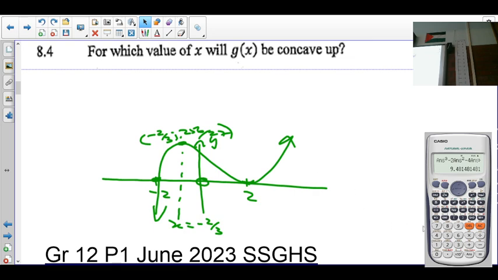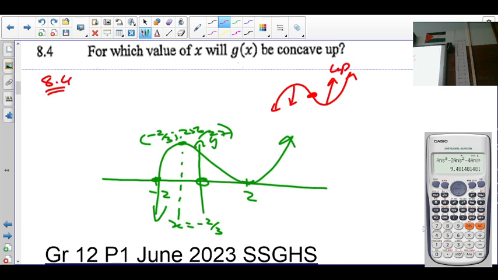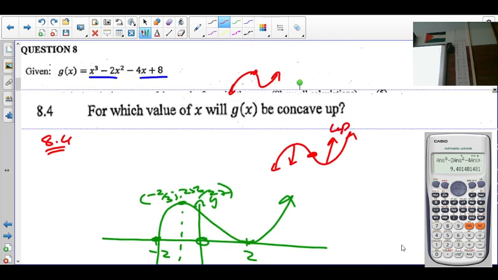So now they want to know with regards to concave up. So remember that at the point of inflection, that is concave up, and of course that is concave down. Okay. So the point of inflection is found with the second derivative. Just take this. So actually I needed the previous one.